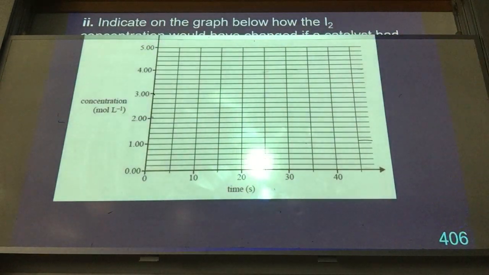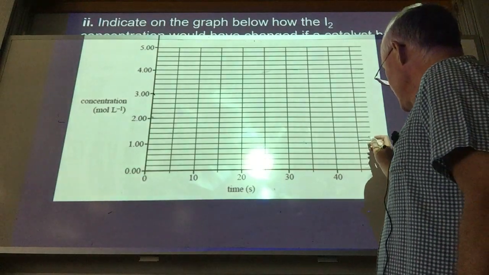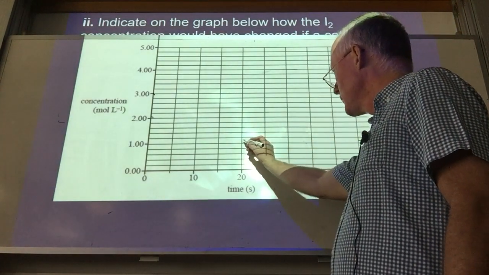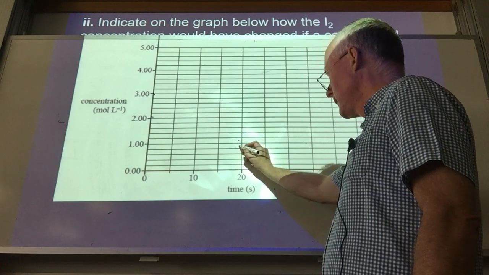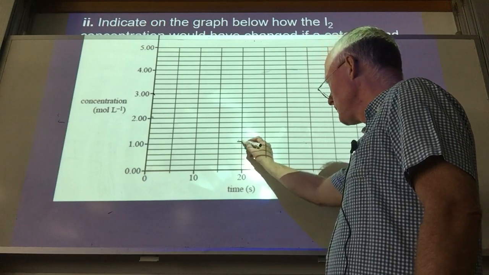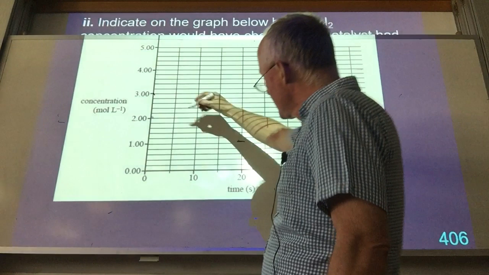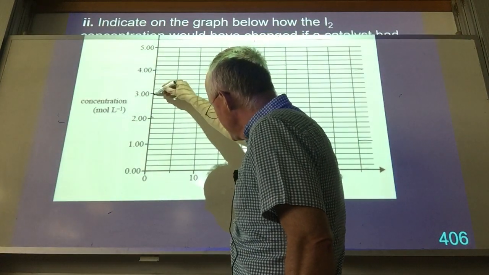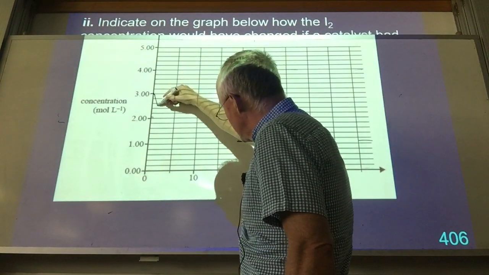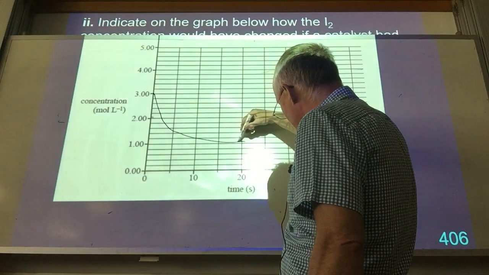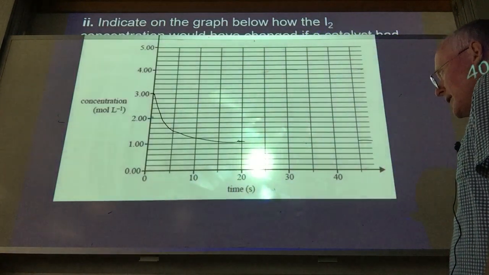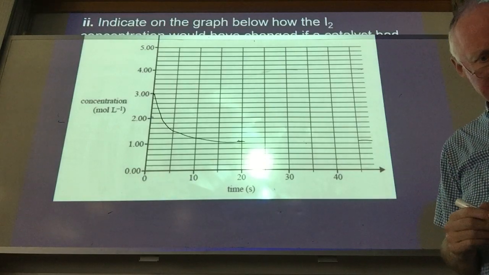This time it needs to reach equilibrium earlier. So let's have it reaching equilibrium down here. Whoops, better get it done at the right spot. And that means it's going to be steeper earlier. So let's have it nice and steep early, then flattening out to reach equilibrium nice and early.